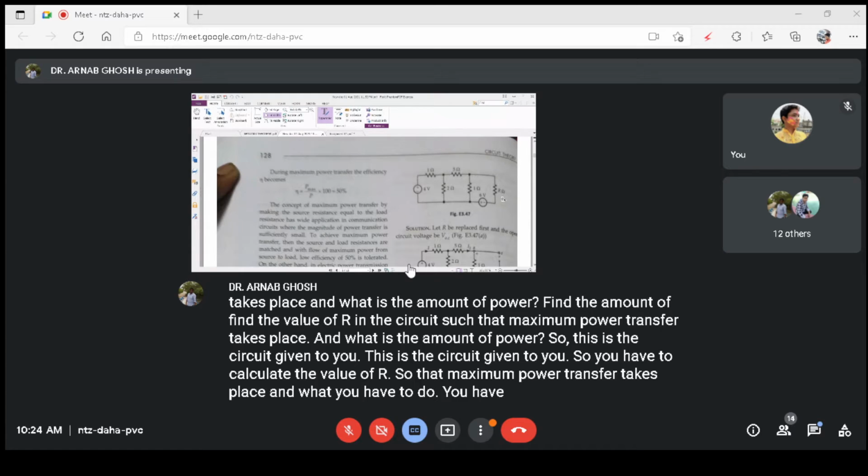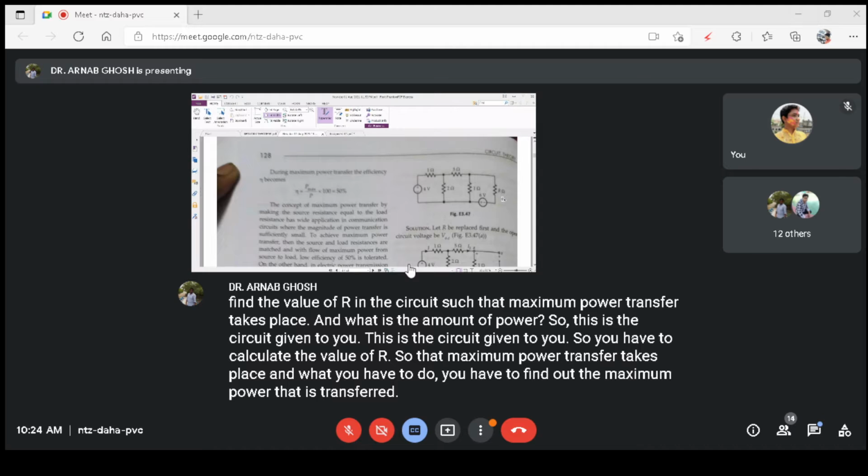You have to find the maximum power through the resistance. Okay, so please try this problem.